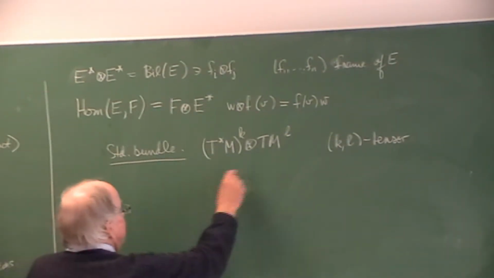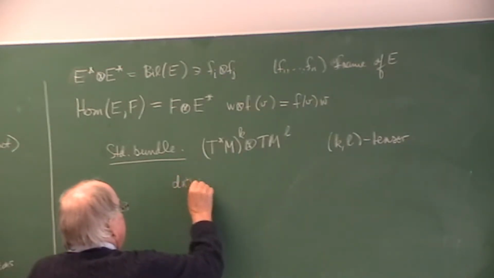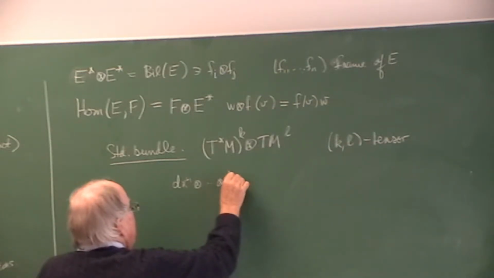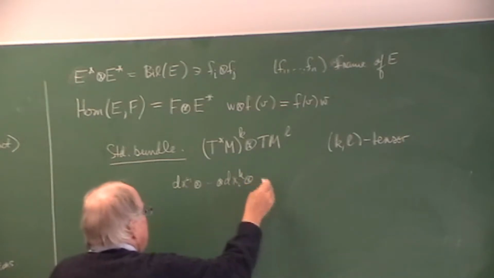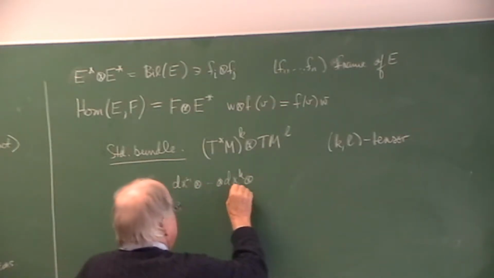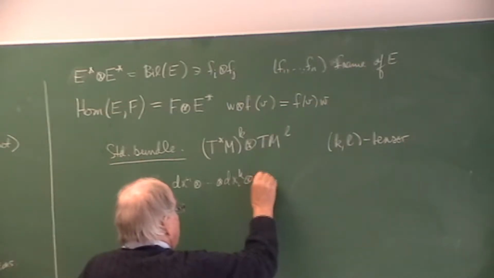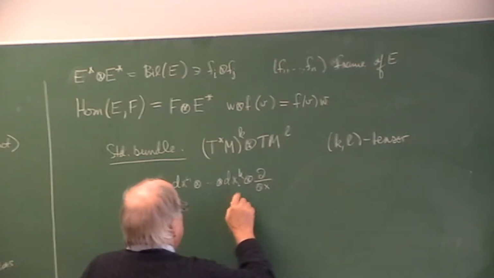So typically a frame here would be dx I1 tensor dx ik tensor in this basis of the coordinates tensor. Okay, I'll write it out long. dx. What did I write here? This is terrible.